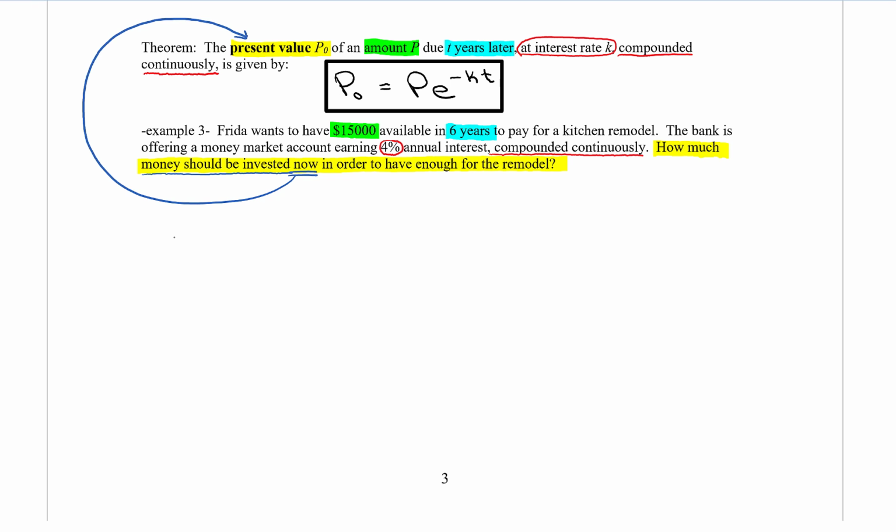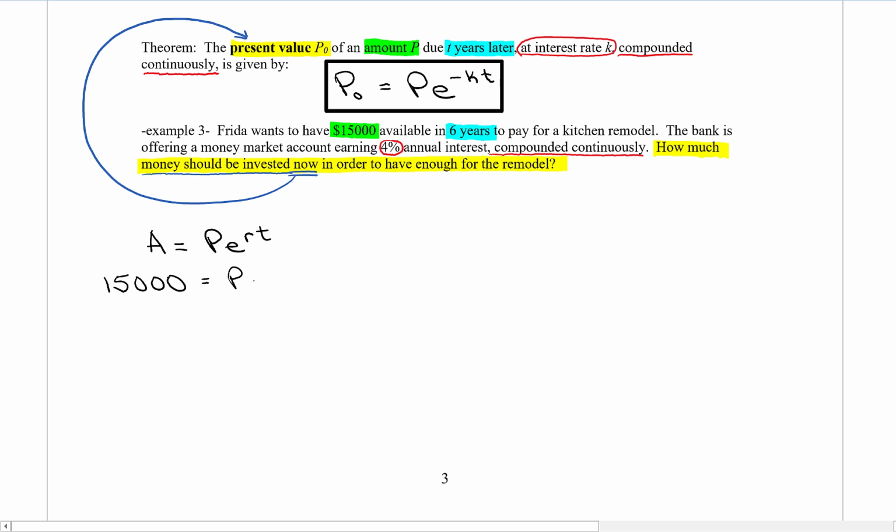But I'm going to use our equation from before, A equals P times e raised to the rt power, and show you how you can come up with the answer using this previous equation. Instead of A, we're going to substitute 15,000. That's going to represent our amount. And then we're going to replace the rate with 4%, but I'm going to rewrite it as a decimal as 0.04.